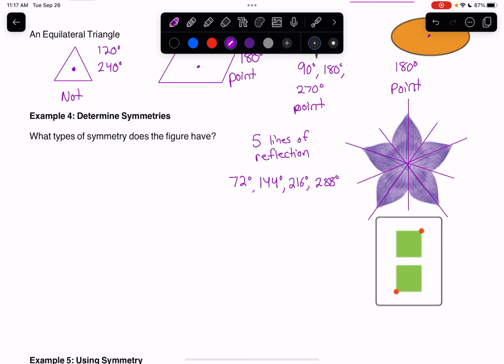And then, of course, 360 degrees would be after that, but 360 is a full rotation, so it doesn't count as symmetry. So that would be rotational.